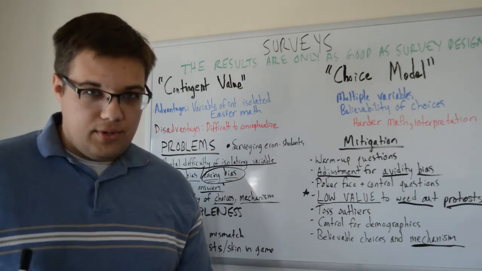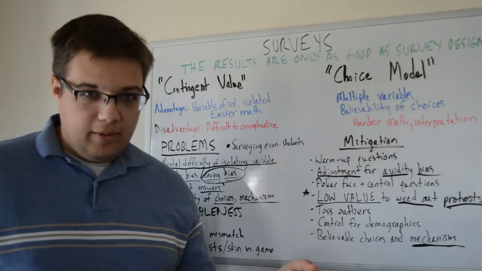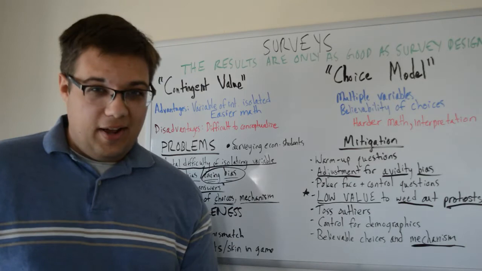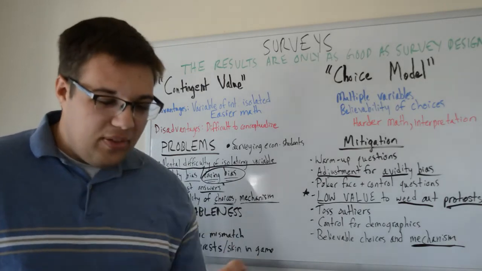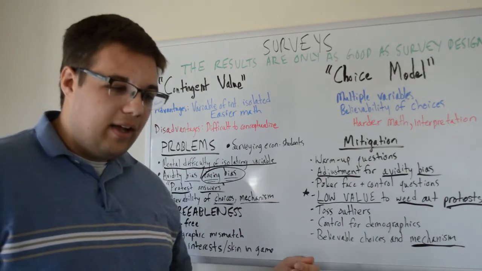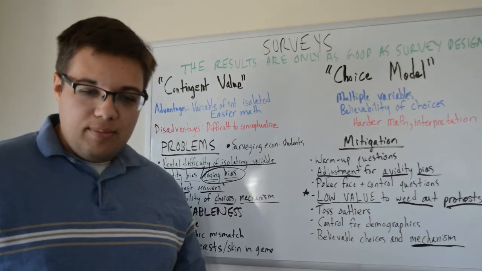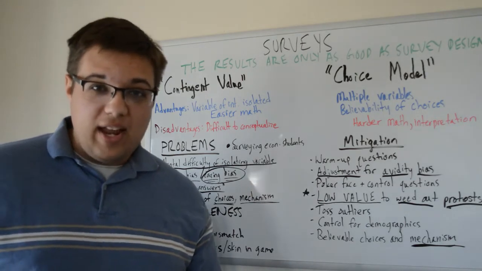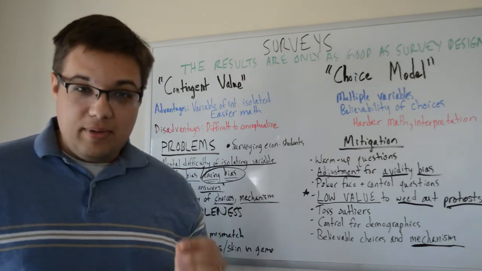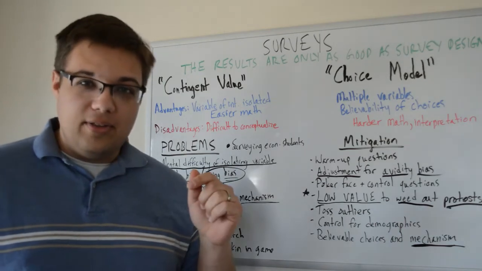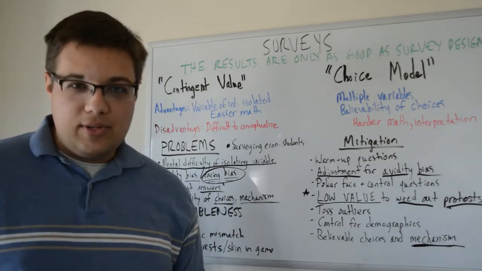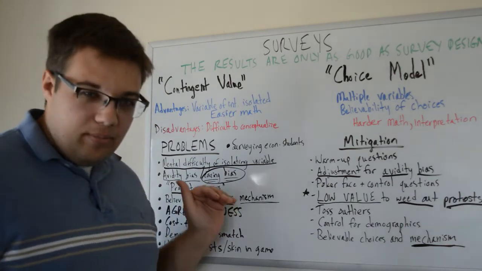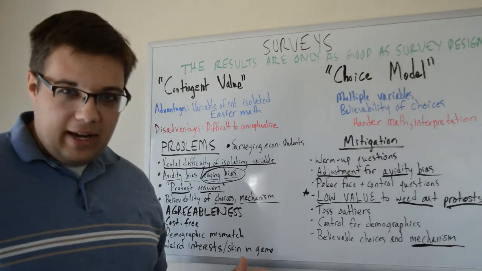Everybody who takes your survey, number one, you're more likely to get people who care about polar bears. Number two, everyone who's taking your survey knows what side you're on. They don't think, oh, this person probably wants me to take a survey about how well I value polar bears because they hate them. They all know this person loves polar bears. I'm going to say a high number because I want them to think that I'm virtuous, and I want them to think that I'm likable and that I care about the same things they do. So agreeableness is going to kill the results of your survey and make them wildly inaccurate.